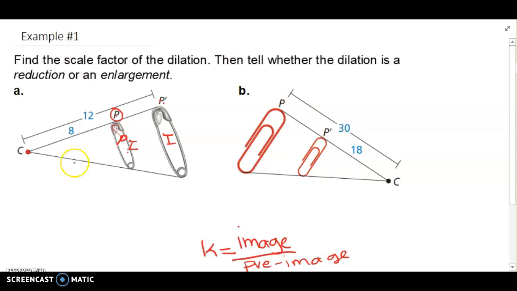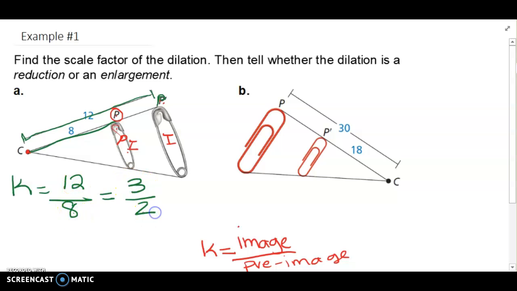So if I try to find the scale factor here, if this is our image, we can find the ratio of how far it is from our center of dilation. So it's image, which is 12, over pre-image, which is 8. To reduce that, that's 3/2.